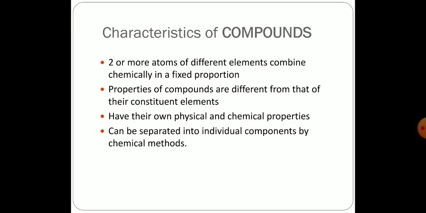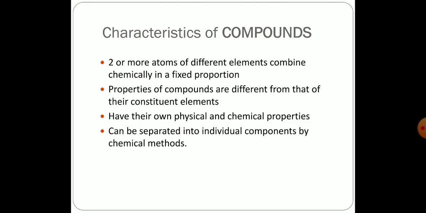What are the characteristics of compounds? The same thing, two or more atoms combine, and then the properties are different from those of the constituents. The property of water is different from that of hydrogen and oxygen. Why? Hydrogen and oxygen are gases, whereas water is a liquid.